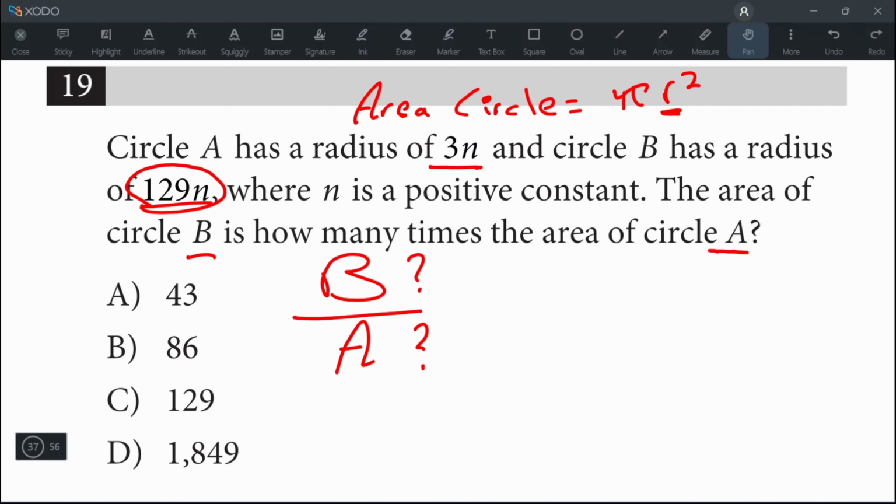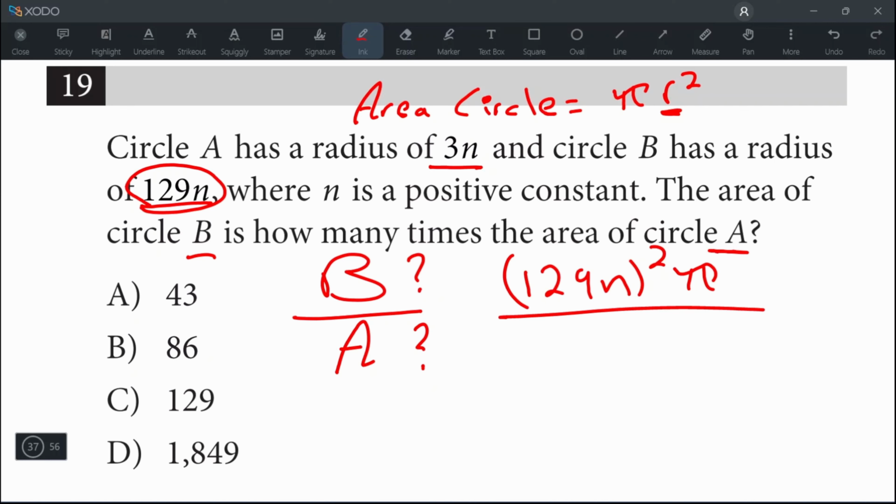So what we're going to do is plug this radius into the formula. So we'll have 129n all to the power of 2 multiplied by pi. We'll do the same with the area of the second circle. So we'll have 3n all to the power of 2 multiplied by pi. And then we divide. Pi over pi will just cancel out.